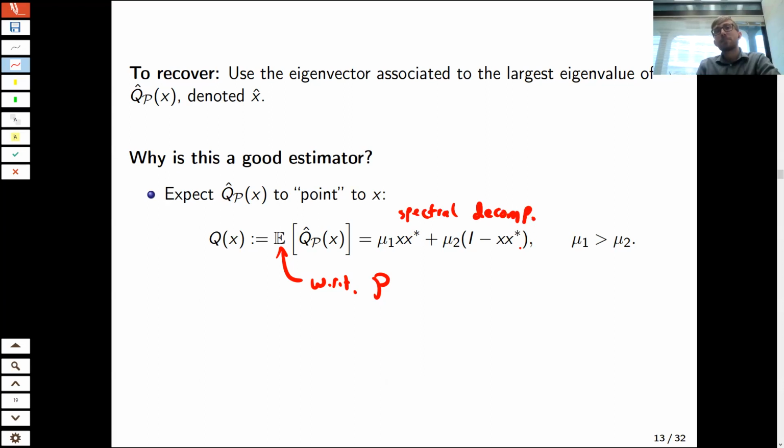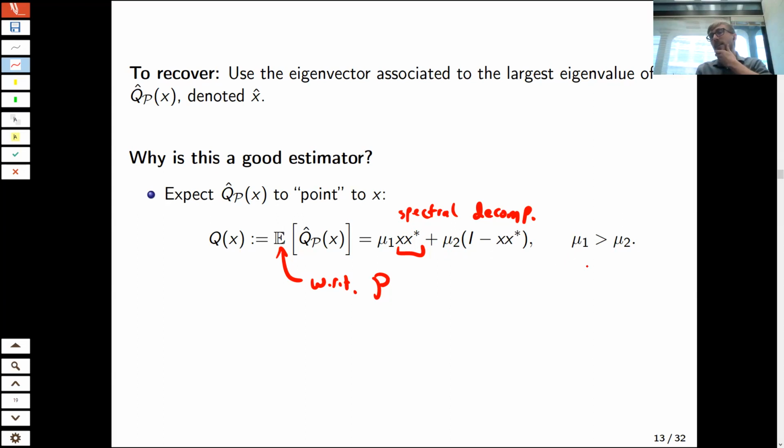And what do we see from the spectral decomposition? Well, there's some eigenvalue mu1 times x x star, which is the rank 1 projection onto the span of x that we measured, plus another eigenvalue mu2 times the complementary eigenspace. So this operator Q of x has two eigenvalues: mu1 corresponding to the exact x x star that we want to find, and mu2 corresponding to everything else, the orthogonal complement.